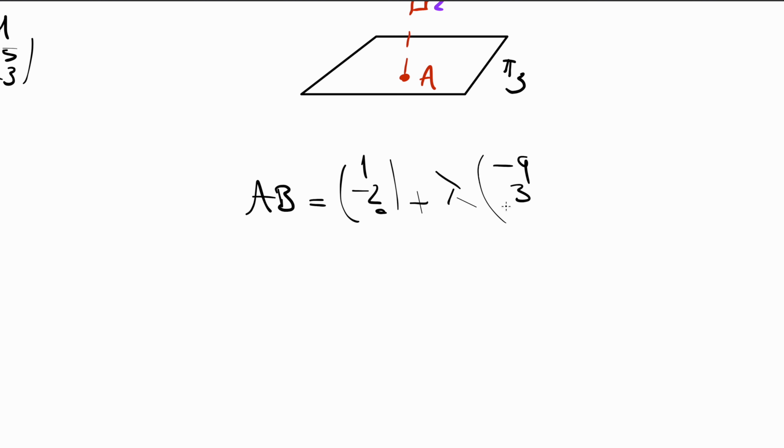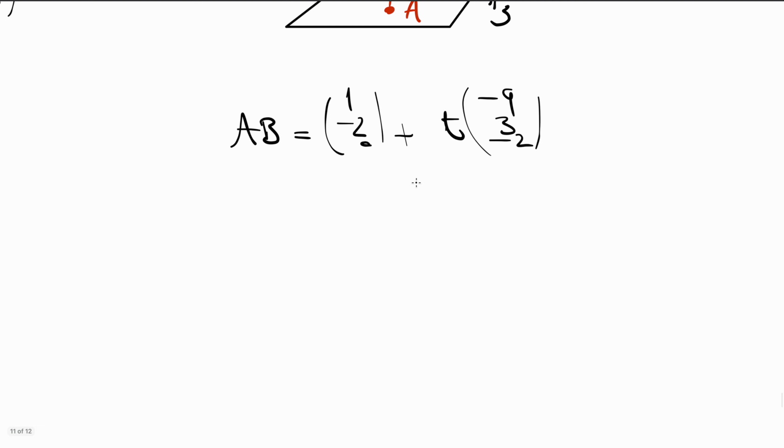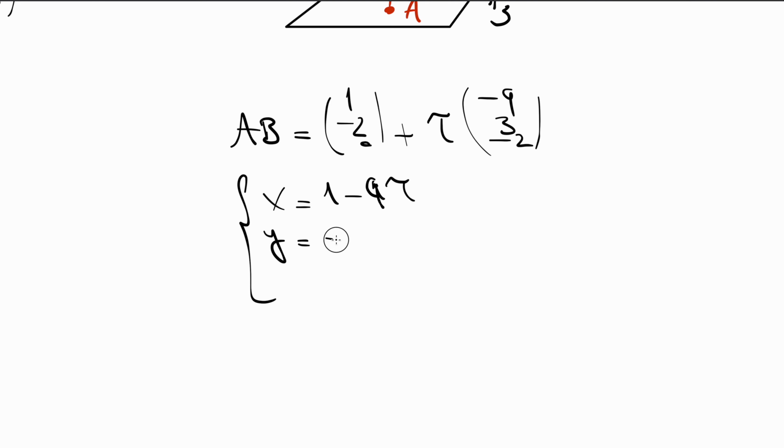It's better if we use another constant instead of lambda, so I'm going to use tau. So x will be 1 minus 9 tau, y will be negative 2 plus 3 tau, and z will be negative 2 tau.